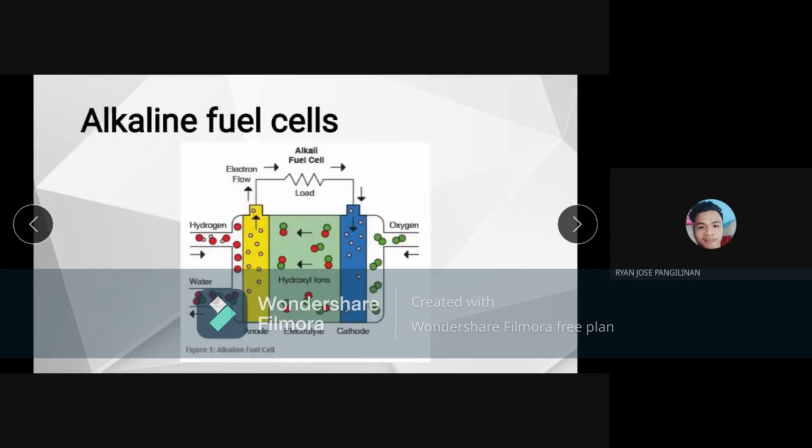So this is the schematic diagram of the alkaline fuel cell. The input is hydrogen, the output is potable water, and on the other side is oxygen, purely oxygen.